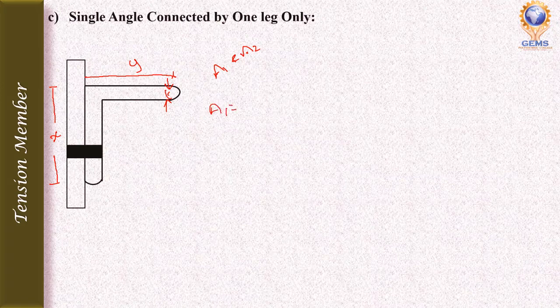So A1 is the net effective sectional area of the connected leg.